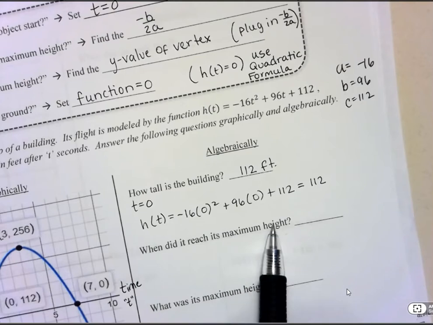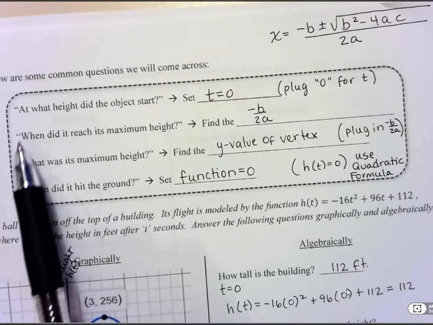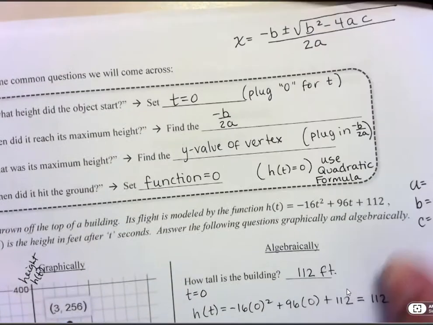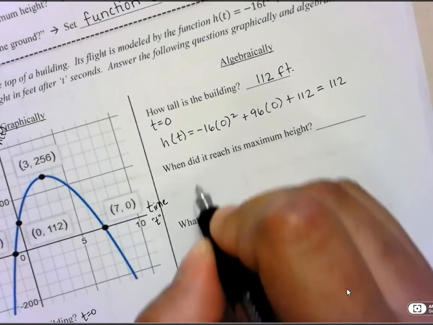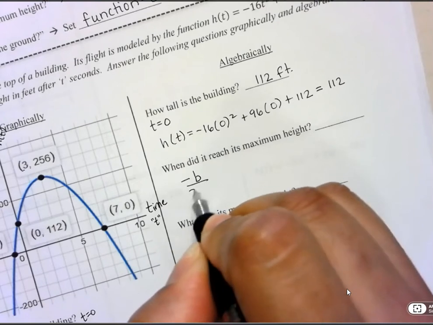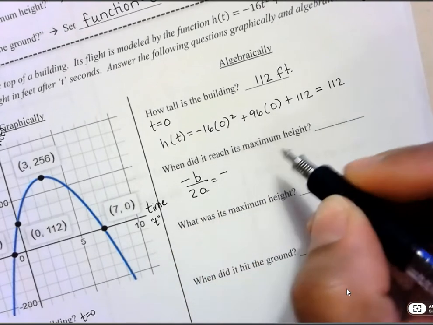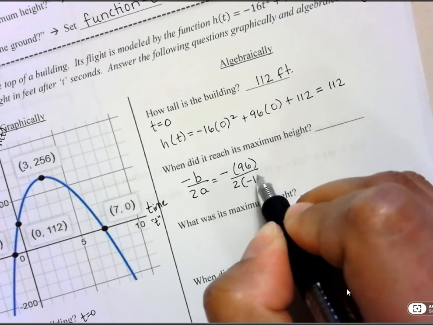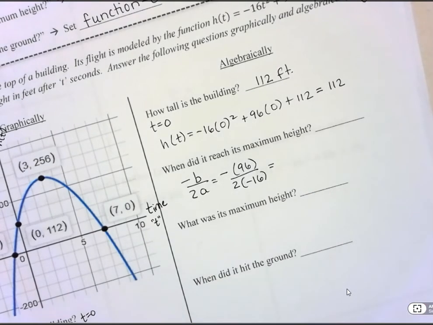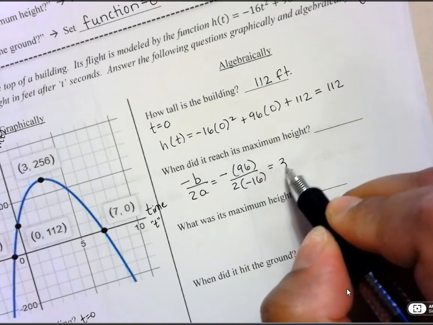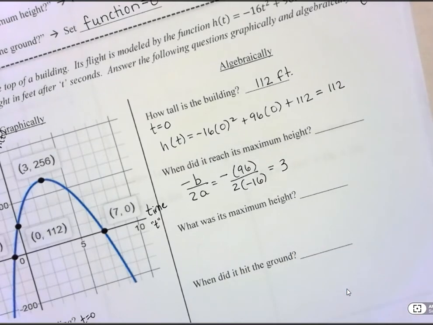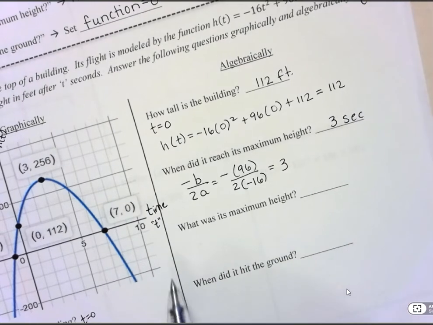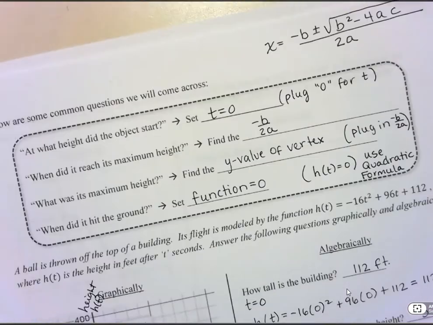When did it reach the maximum height? That is going to be negative b over 2a. So we know b is 96, a is negative 16. You calculate and you get 3. So it reached the maximum height at 3 seconds. What was the maximum height?